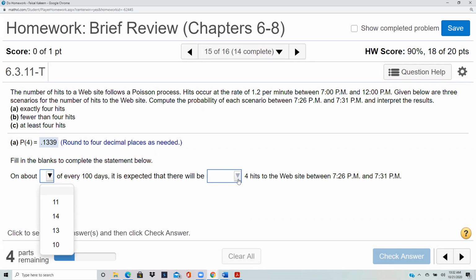So for the first one, wouldn't you do the decimal you had times 100 to get that in? Right. So it would be 13. Right, 13.39 rounds to 13. And then for this one, you go back to the A and it says exactly. So you would put exactly, right?